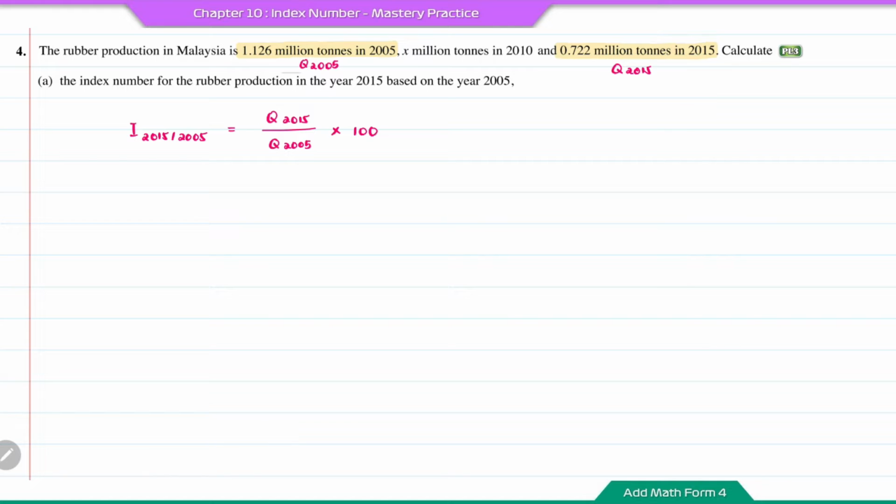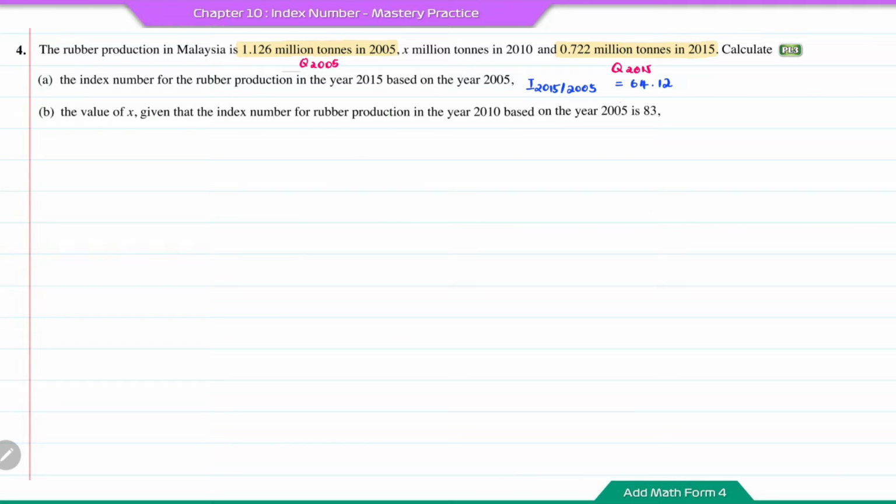So we can calculate the index number using this formula. So this will be 0.722 divided by 1.126 times 100. The answer for the index number here will be 64.12.